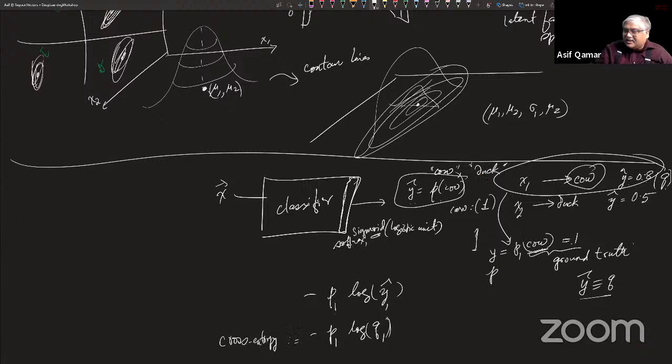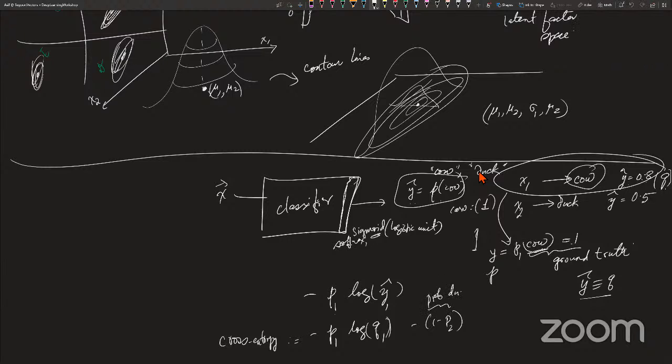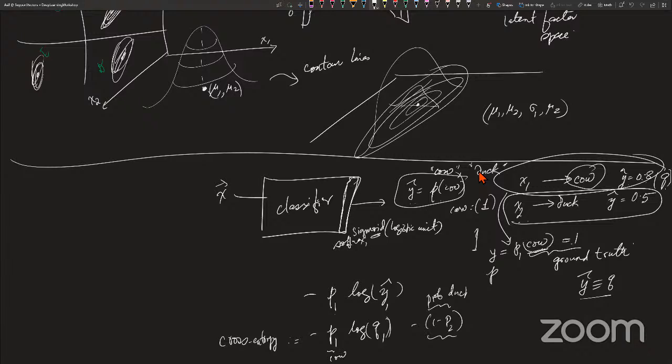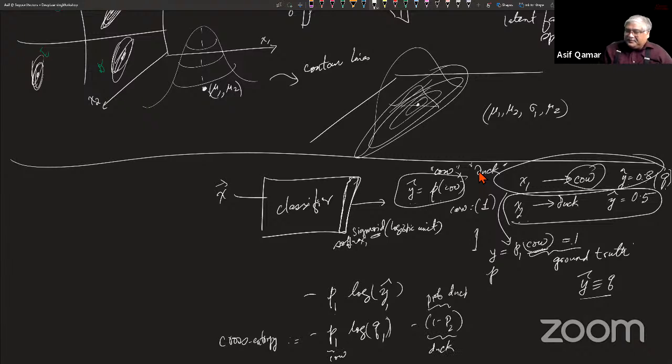Let's take this. And likewise, let's go to the duck. What is the probability of a duck? It is 0, right? So you can say that 1 minus P2 times the probability of a duck. The second data point is duck. This one is actually a cow, and this one is actually a duck.